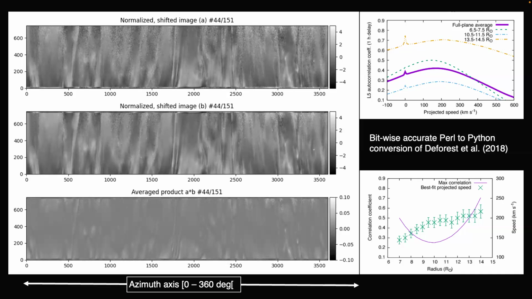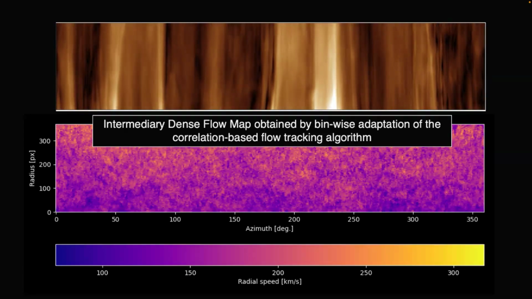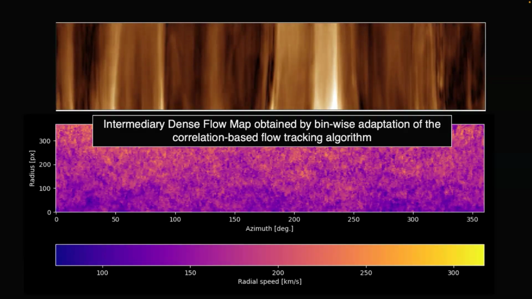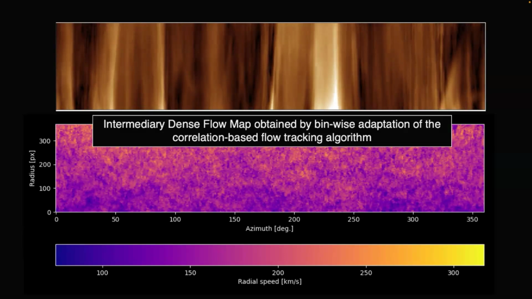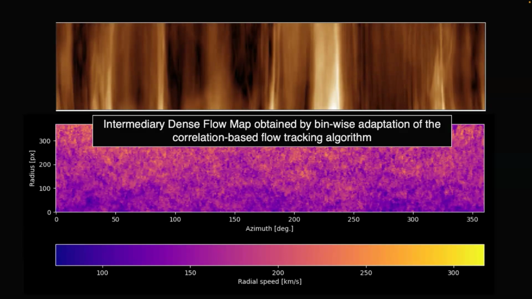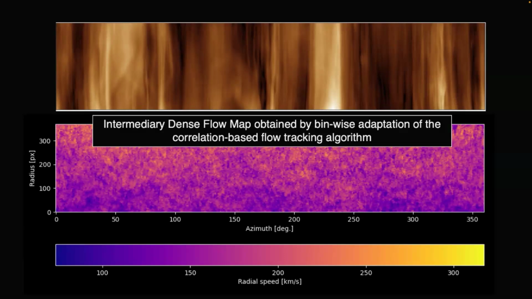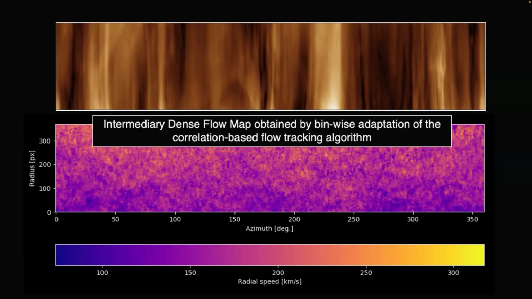This algorithm has been adapted to a binwise application of the correlation tracking so that we can deliver more granular flow maps, not just one number of the average speed.